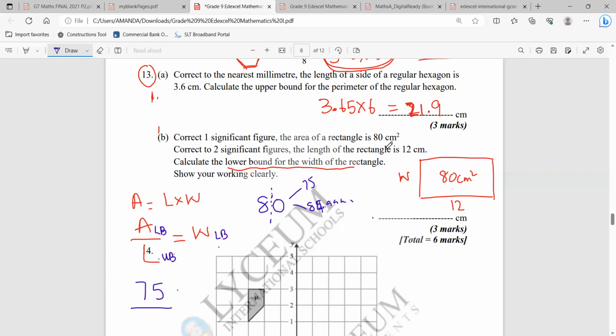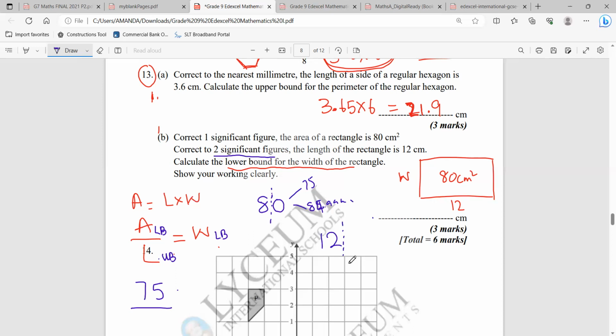Now let's look at the length. The length is 12. This has been corrected to two significant figures, so they have cut it from here.